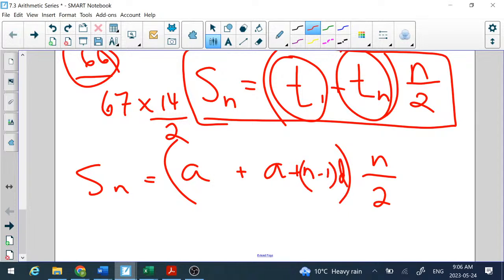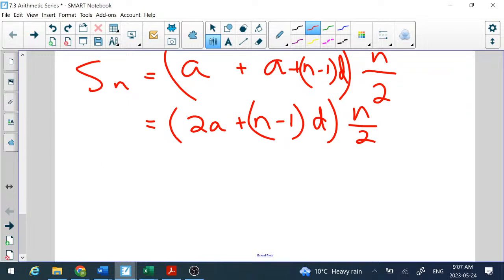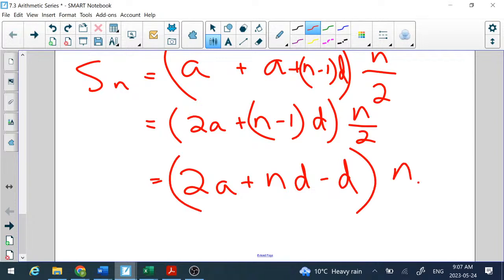You guys understand that? And can you see that we could simplify that? What would it simplify to? n over 2 times 2a plus n minus 1 times d. And we could simplify that some more: 2a plus nd minus d, times n over 2.